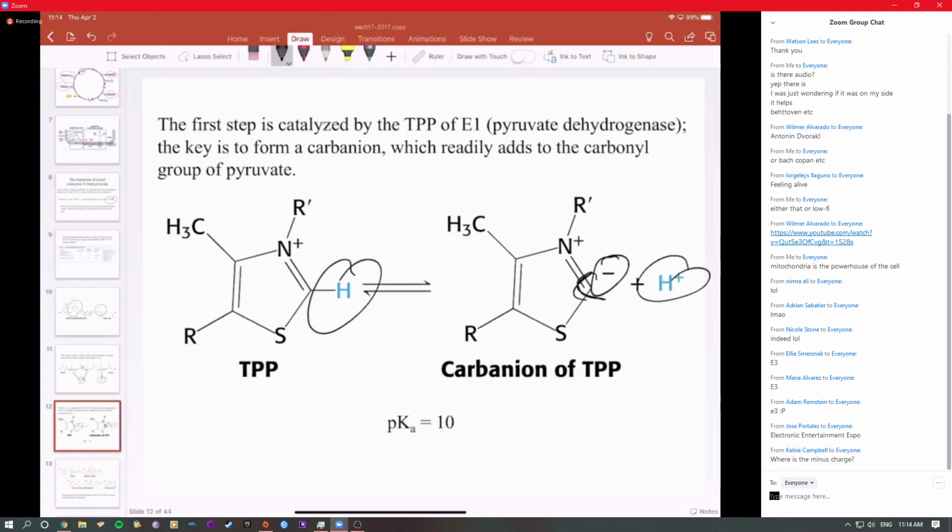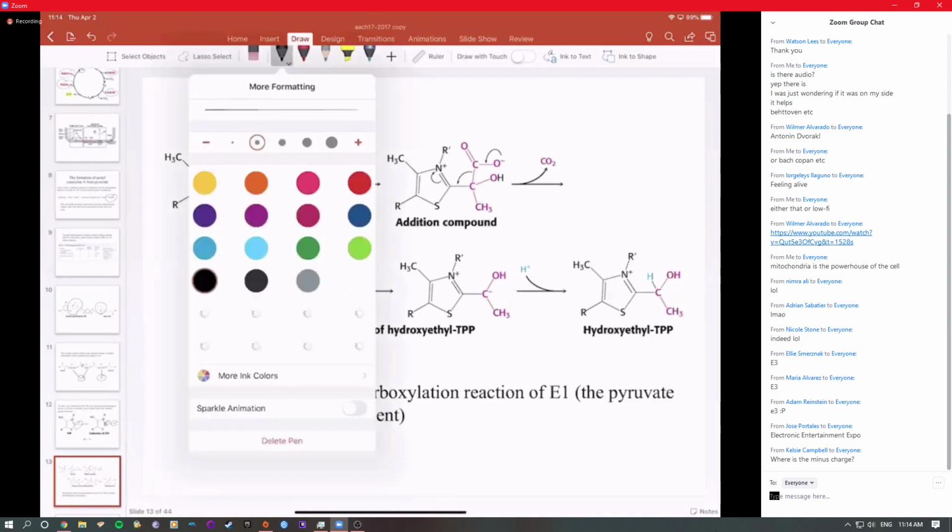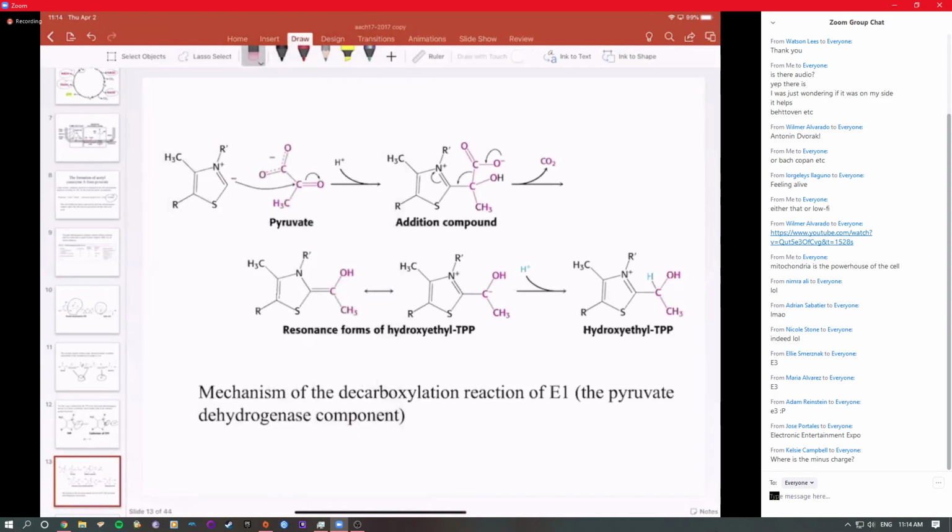And so what happens in this reaction mechanism is the anion of TPP that's on this carbon here is going to go and attack the carbonyl group of pyruvate. It makes what they call the addition compound. The addition compound then goes and loses CO2.